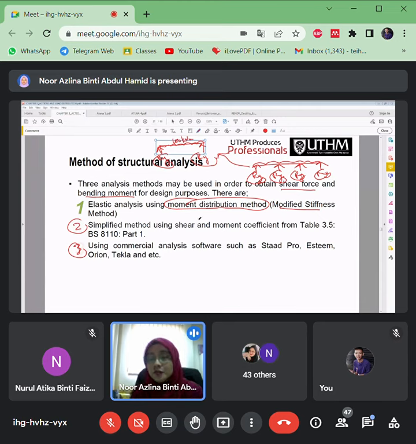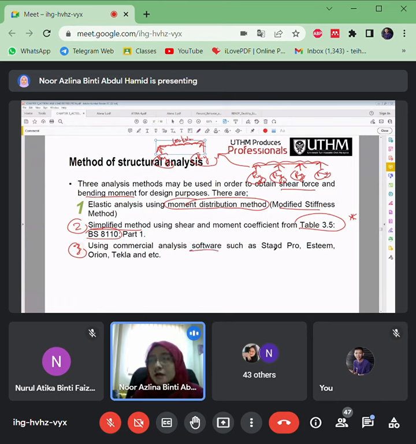It's quite simple, so that's why we call it a simplified method, that using table 3.5 in British Standard. So this is your job to find out where's the location for this table? Table 3.5 in BS. Okay. The third one here is lagi simple, lagi senang, just using software.